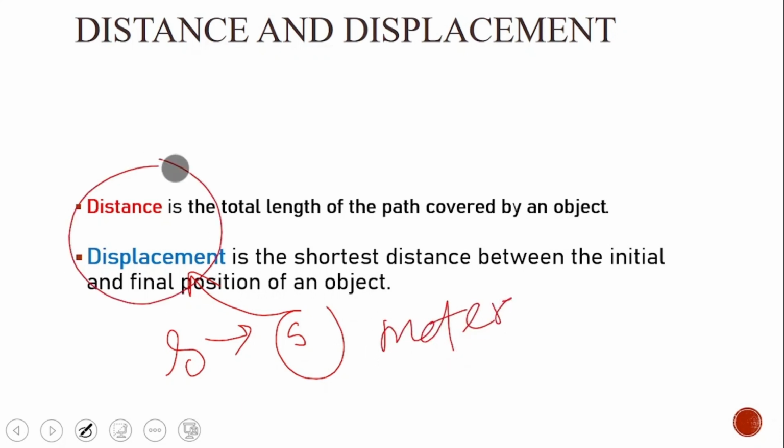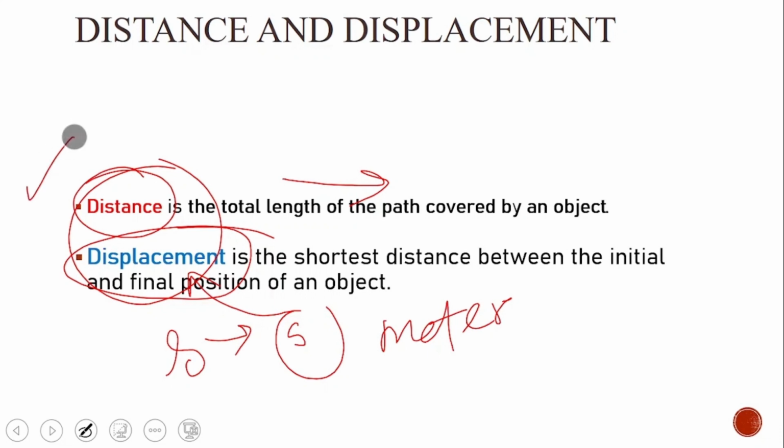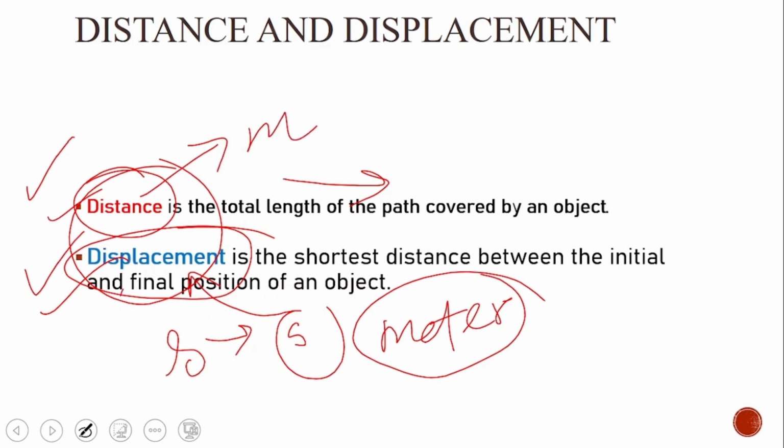The difference is that distance is a scalar quantity, which does not need direction, but displacement is a vector quantity, right? And we know what is scalar and what is vector. So we just need to know that they have the same unit: the unit of distance is meter, and the unit of displacement is also meter.